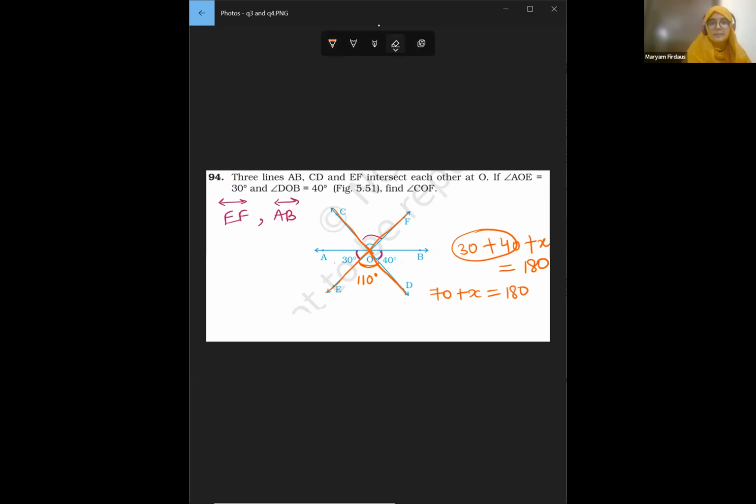See, Hiba. Look here. Can you see this x in orange? Just now we discussed that this angle and this angle are vertically opposite angles, right? Yeah.